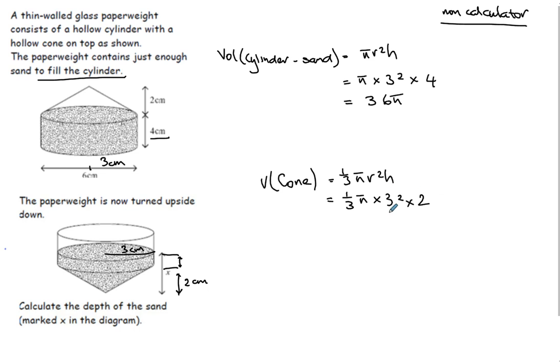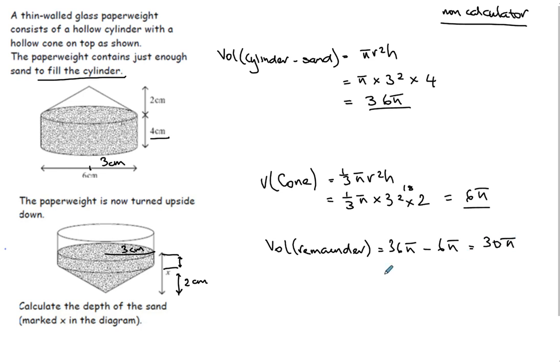So that's 9 times 2 is 18, and 1/3 of 18 is 6. So we've got 6 pi. So the volume of the remainder is the 36 pi minus the 6 pi, and we'd be left with 30 pi.